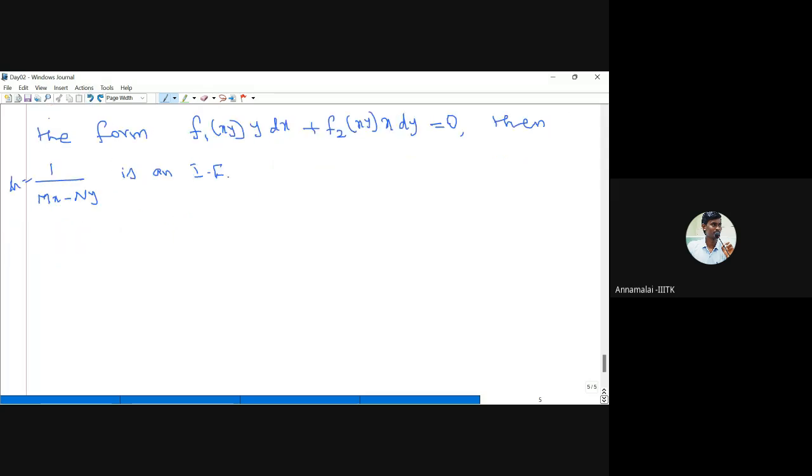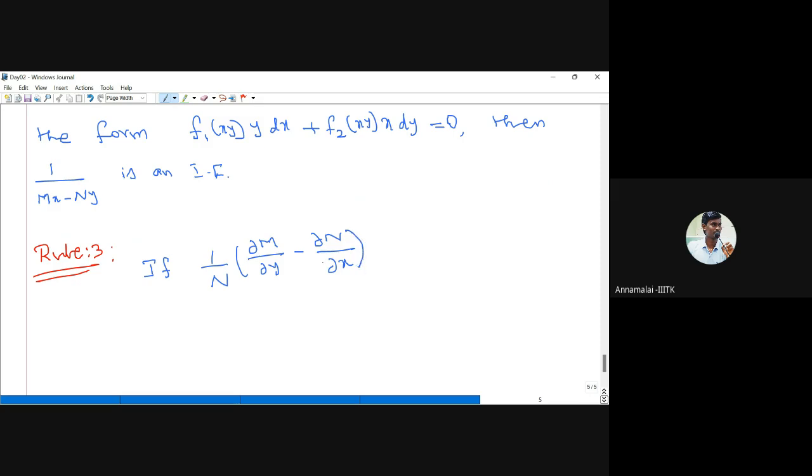Now the next one is rule 3, another rule to find the integrating factor. Suppose you find 1 by N into (∂M/∂y minus ∂N/∂x). We know that these two are not equal, because if they were equal it would be exact, and there would be no need to find the integrating factor. If it is not equal, the subtraction is a non-zero number.